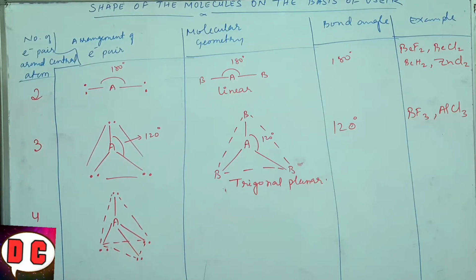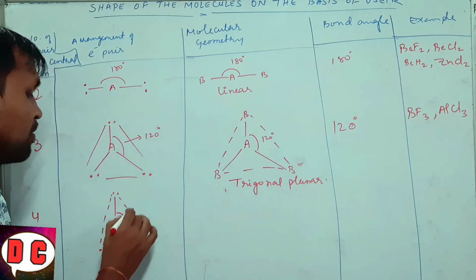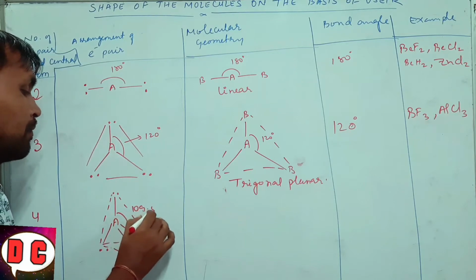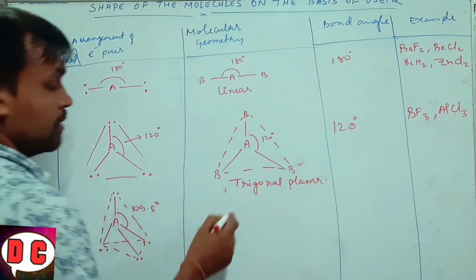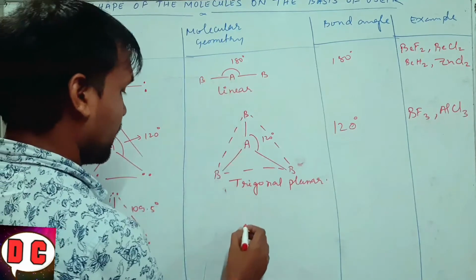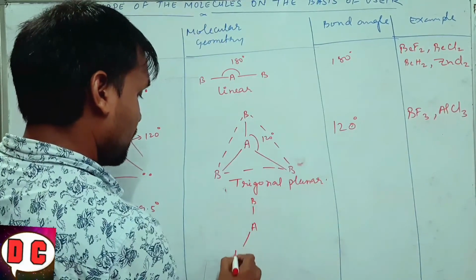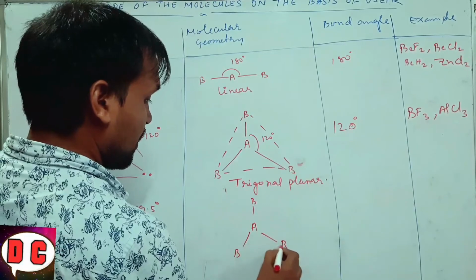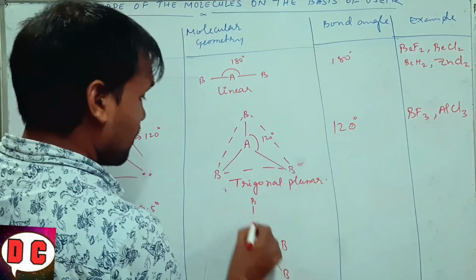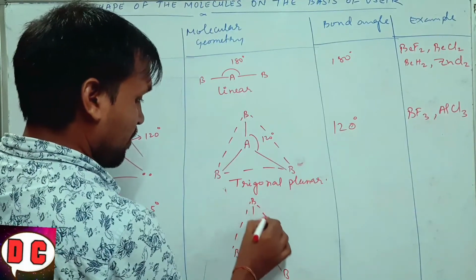Here the angle will be 109.5 degrees, and here the molecular geometry will be like this. Here A will be there, here B, B, and here B. So we will join it this way.